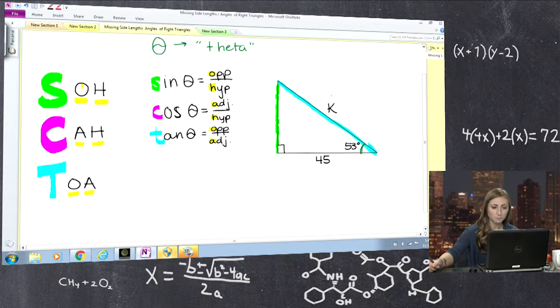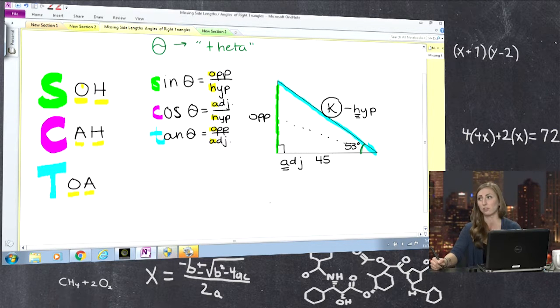If this is our angle, this K is going to be our hypotenuse, so H. Then, this is how I do it anyways, I'll follow this across, and I know that over here this must be my opposite side, so by process of elimination, this must be my adjacent side. This is a good way to start any of these problems, by writing out which side is which. So I now have my hypotenuse and adjacent that I'm going to be working with based on the angle that I know.